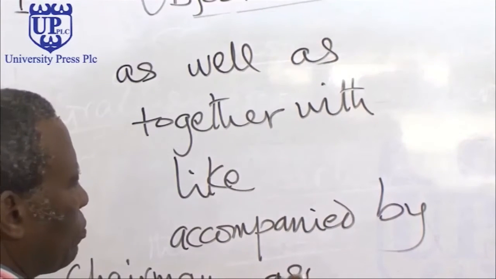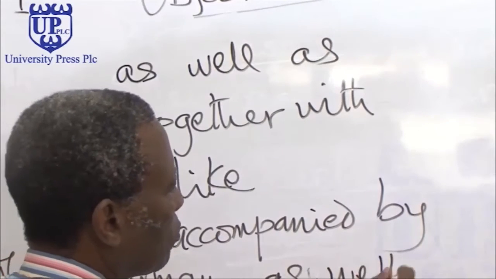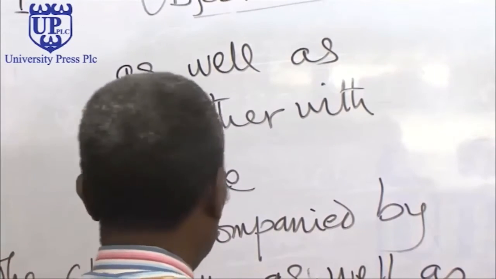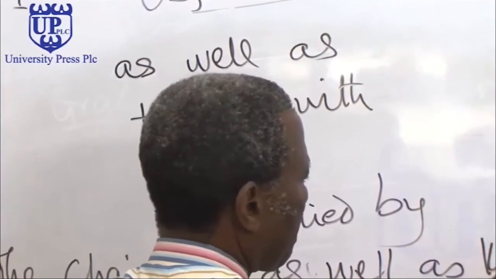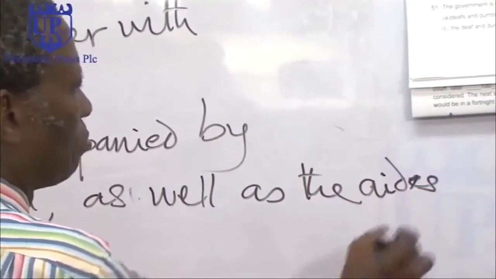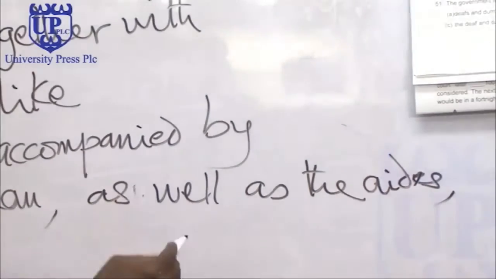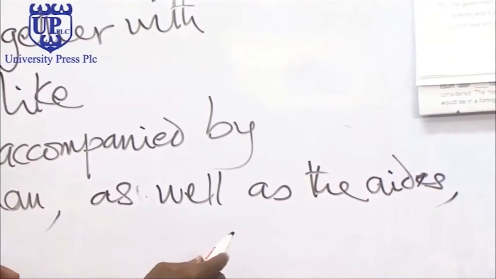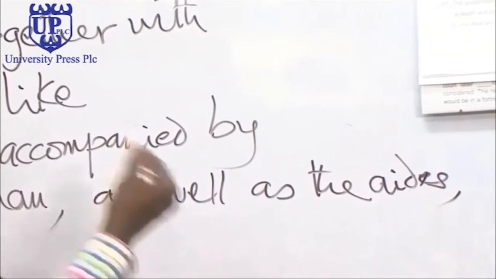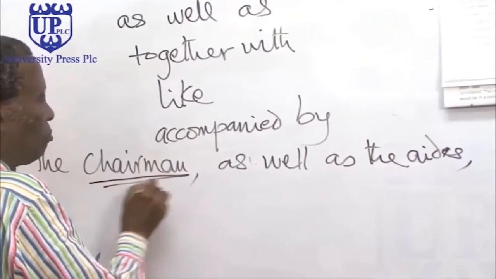as well as the aides. Right? You remember that in this structure of as well as, the verb must agree with the first subject mentioned. This is the chairman that actually controls the verb.